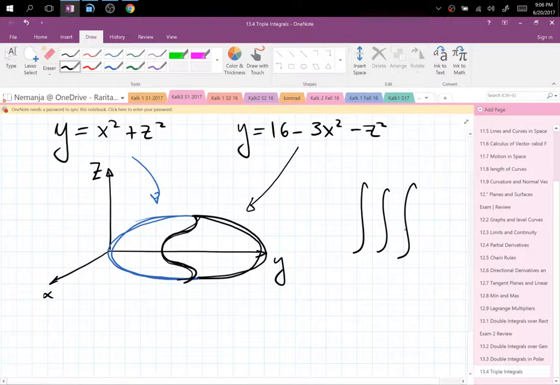And that one goes on the inside. I hope you guys see that that's dy, because it's y equals and y equals, and they contain all of the x's and z's as well. So dy must be the most inner one. And then we have a choice of dz dx or dx dz.